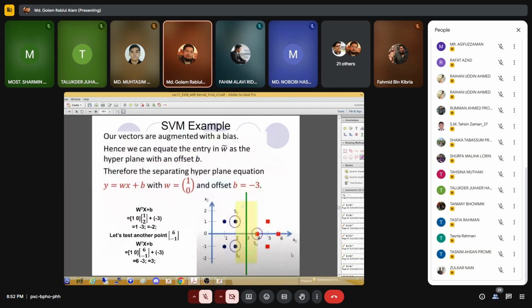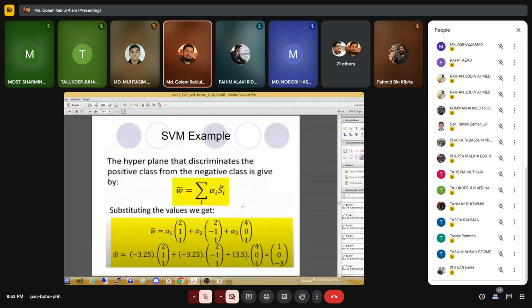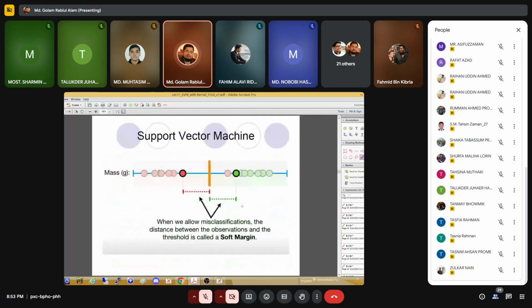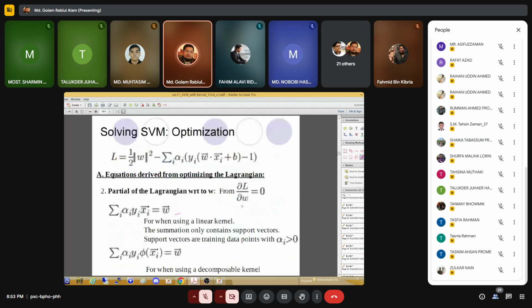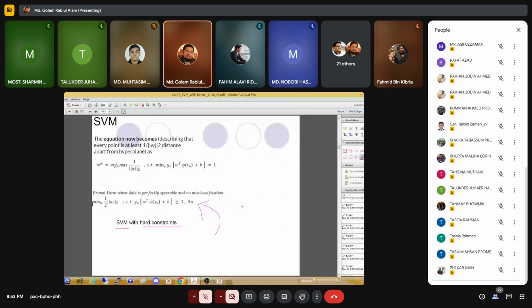Now, the last thing we want to discuss in support vector machine is what we call the support vector machine with soft constraints. In our last class I discussed the support vector machine with hard constraints and derived it.